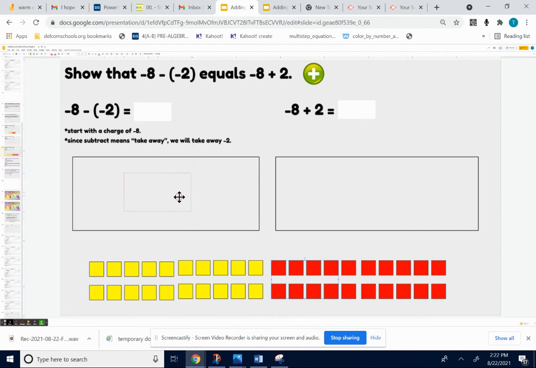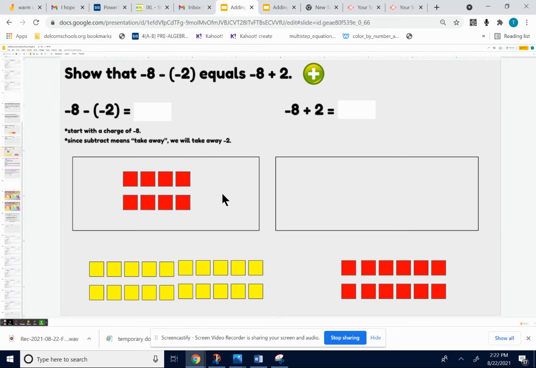There I am. Now I'm going to take away from there 2 negatives. I'm simply going to take 2 of those negatives out. So you see I'm left with -6. So -8 minus -2 is really equal to -6.